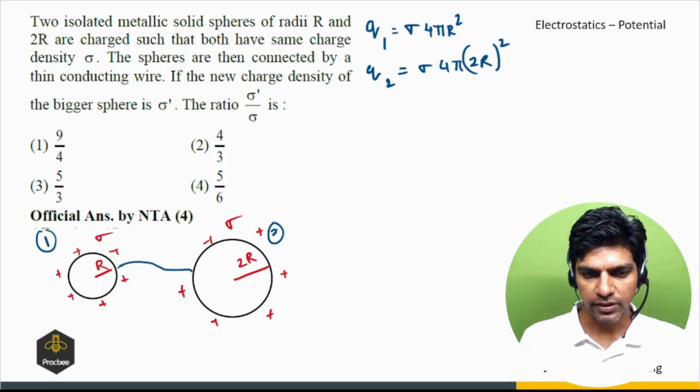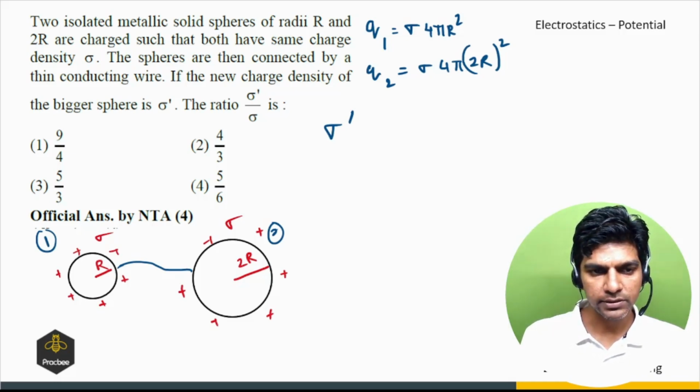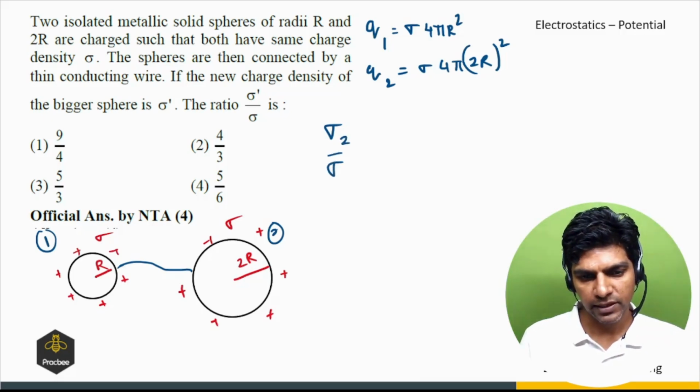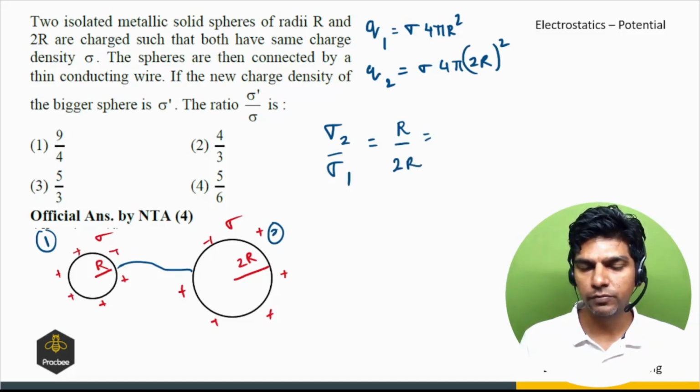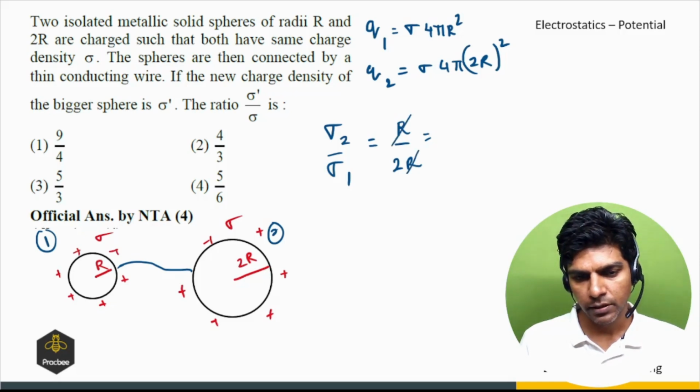The new surface charge density of the bigger sphere is sigma prime, or let me call this sigma 2. So sigma 2 by sigma 1 will be r by 2r, because surface charge density is inversely proportional to the radius.